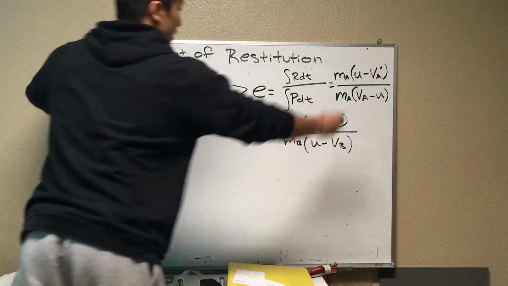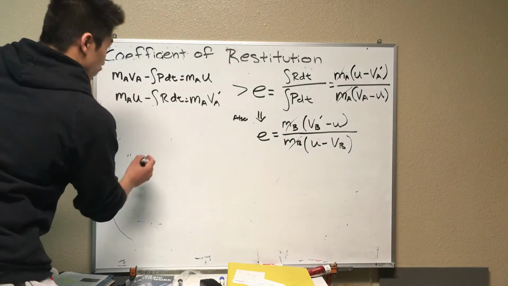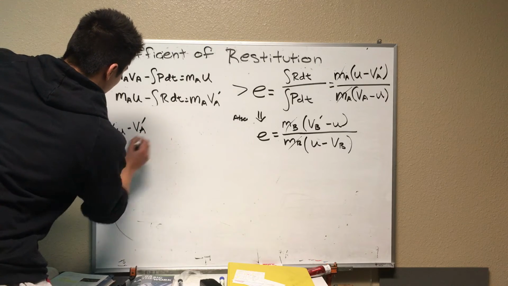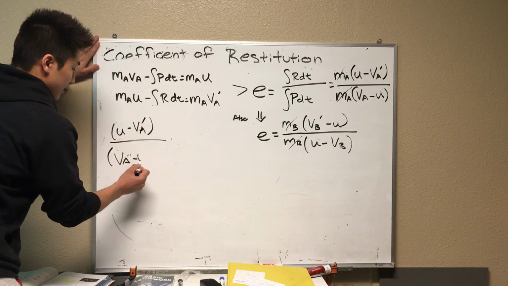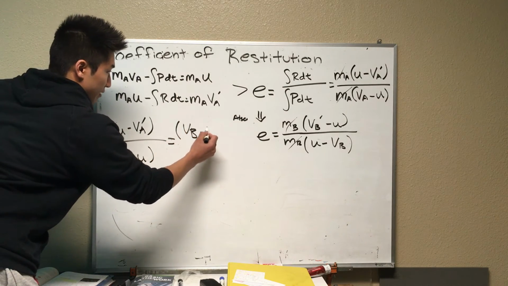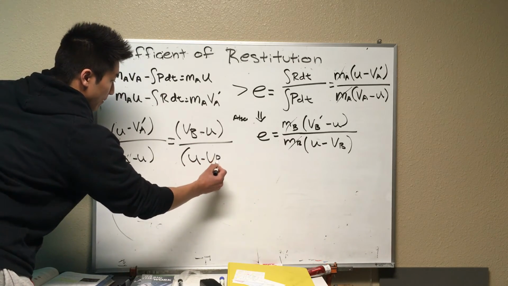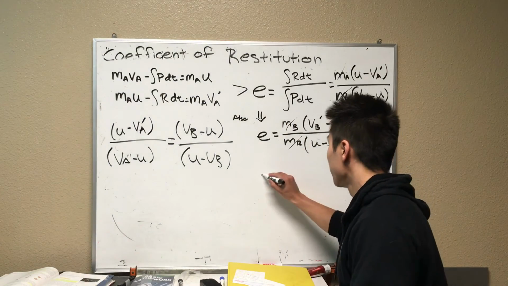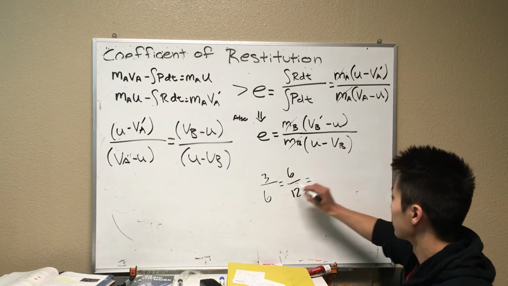Notice how the m_A cancels, and then now we have that. And so what we could do is we just do u minus v_A final over v_A minus u equals v_B minus u over u minus v_B. And remembering the properties that if two things are equal, we could just add these two.